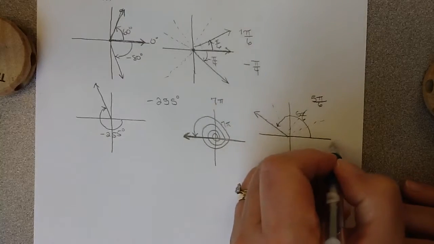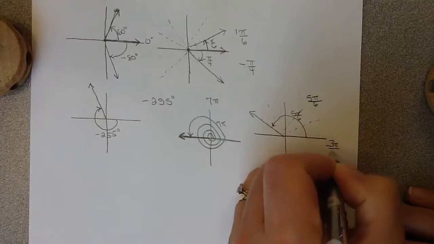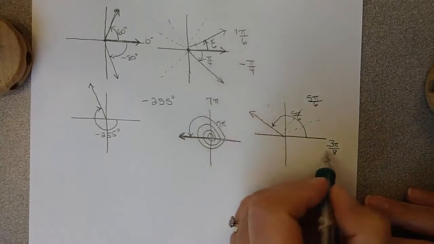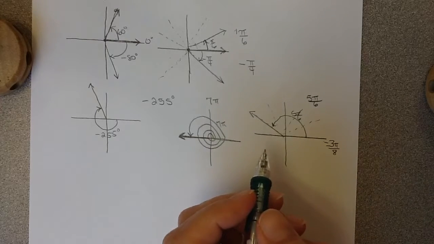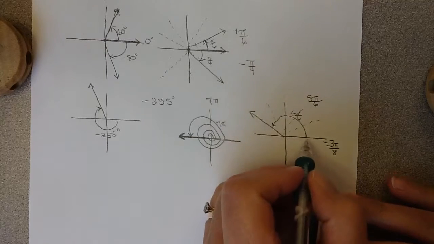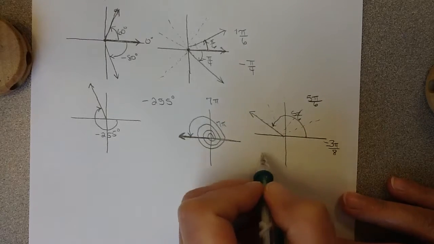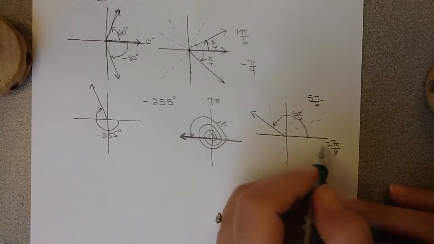Okay, what if we want negative 3 pi over 8? Can't see that negative very well. So negative is clockwise. So this time I'm going to go around clockwise, but I need to chop that pi, that half circle, into 8 pieces.